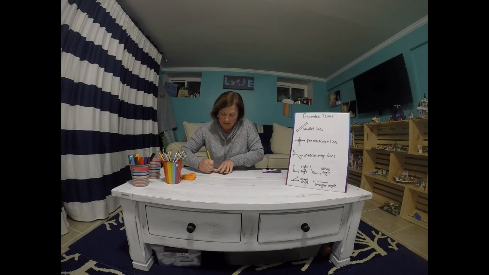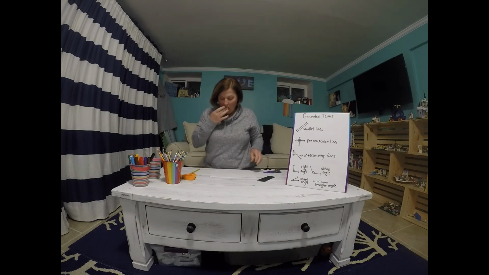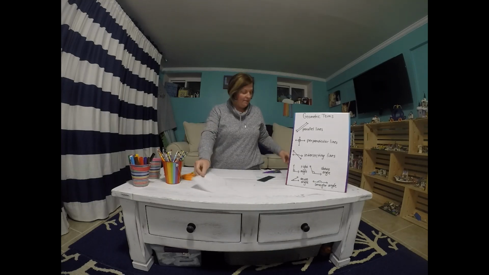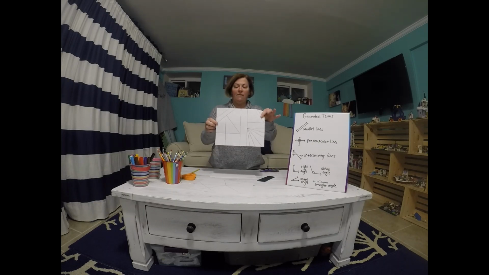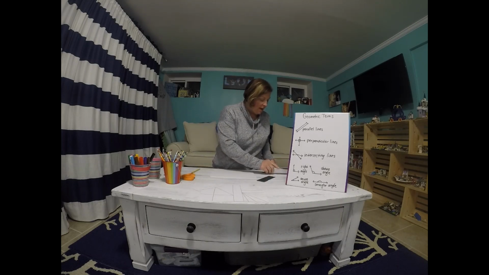When you make these lines, you are going to make right angles and obtuse angles and acute angles. So that is the design that I just made. You can make one a little fancier. You can even make shapes.